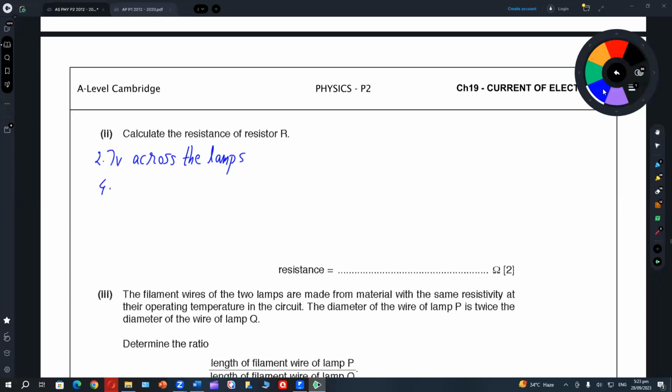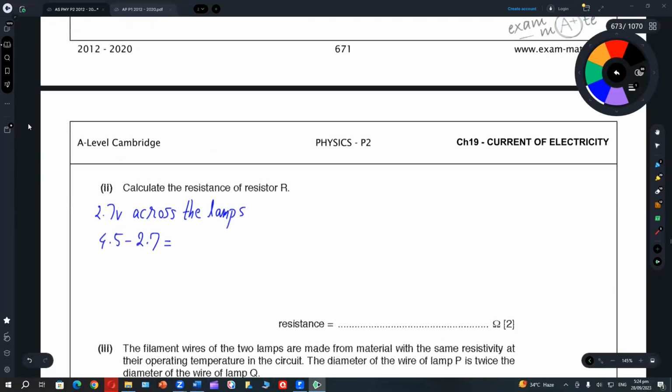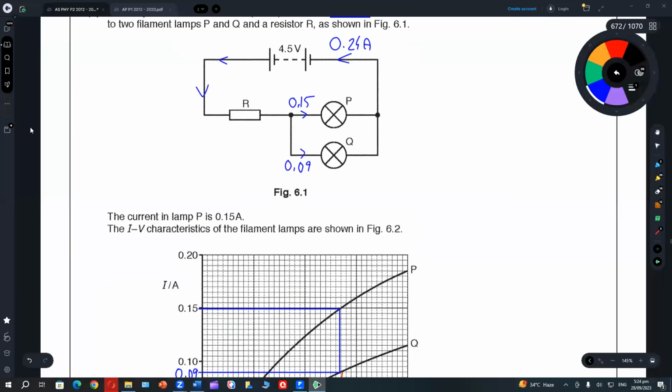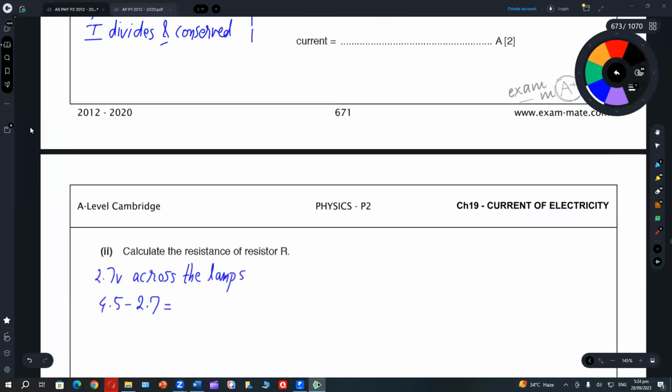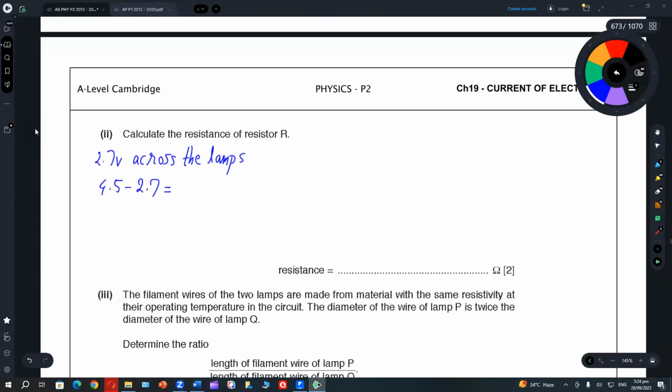So 4.5 minus 2.7. See how much it is? How much is 4.5 minus 2.7?